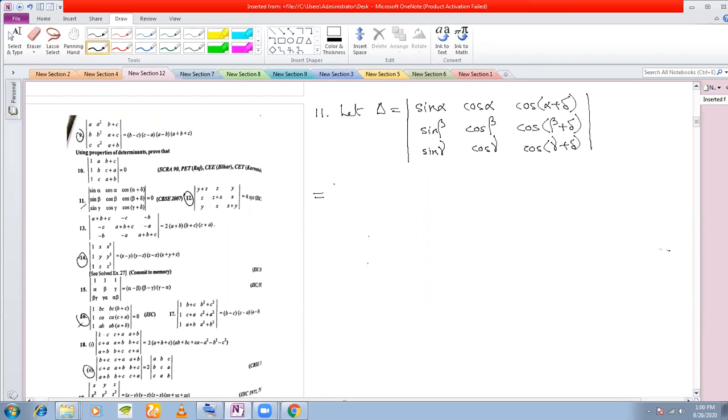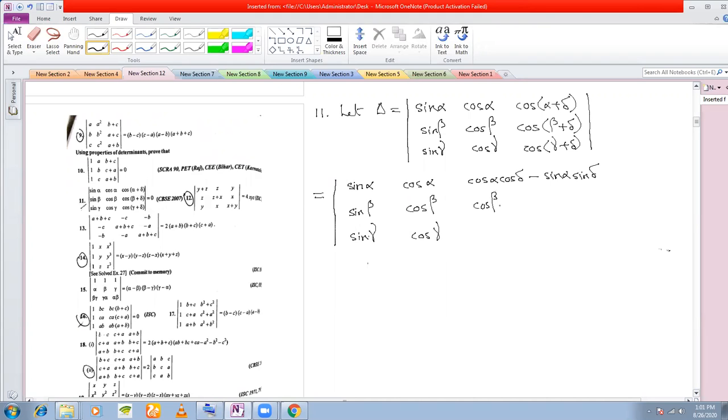Okay, so now what you do is you expand the third column by your sine a plus b, cos a plus b formula. First column remains as it is, sine alpha, sine beta, sine gamma, cos alpha, cos beta, cos gamma. And this becomes cos a cos b minus sine a sine b.